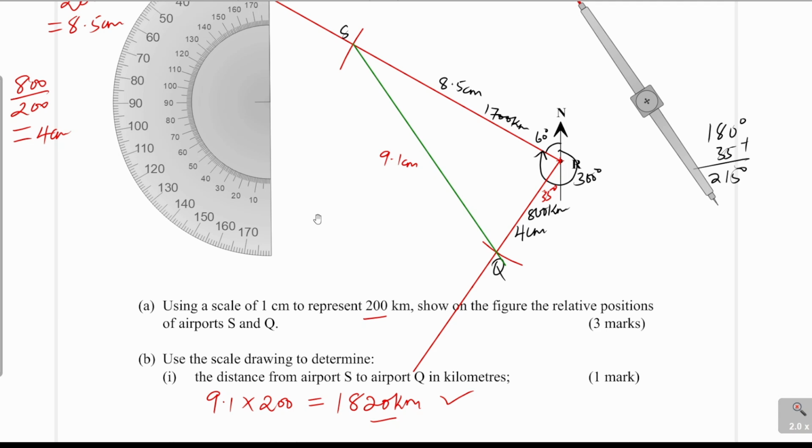So you construct the north at Q. To do this, kindly ensure you use your protractor to confirm that your north is actually 90 degrees, and the one that you construct also at S is also 90 degrees, and make sure that the two norths are parallel.